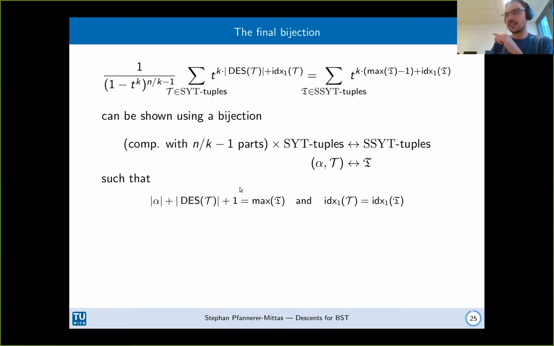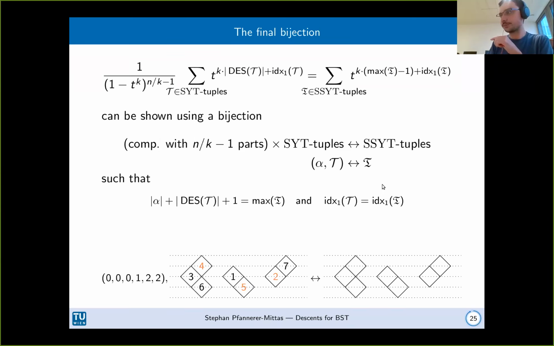And it should be in such a way that the composition, denoted alpha, the size of alpha, so the sum of all the entries, plus the number of descents, plus 1, gives the maximal entry on the right side, and the position of the 1 corresponds to the position of the 1.